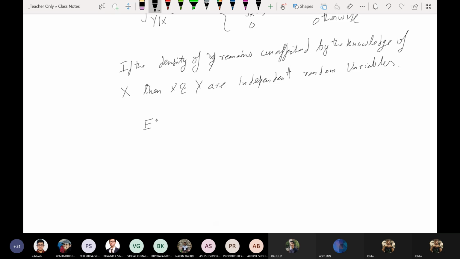Also, the expectation of some function g of x, y is the double integral from minus infinity to infinity of g(x,y) times the joint density, dx dy. Fine.